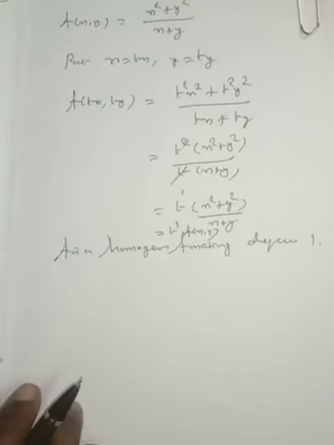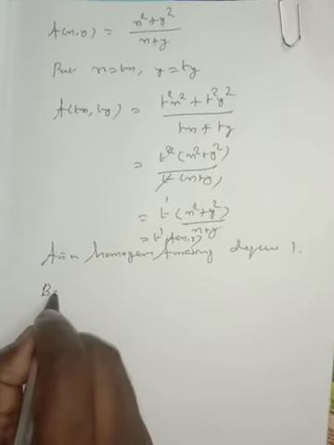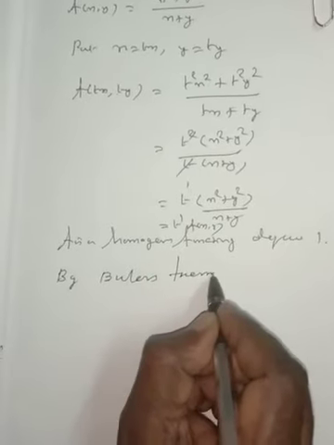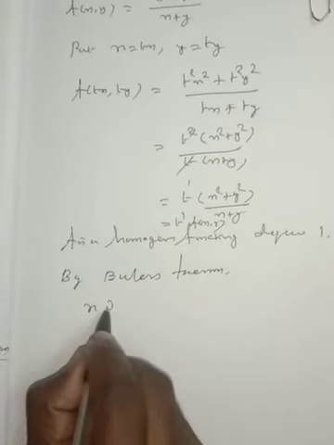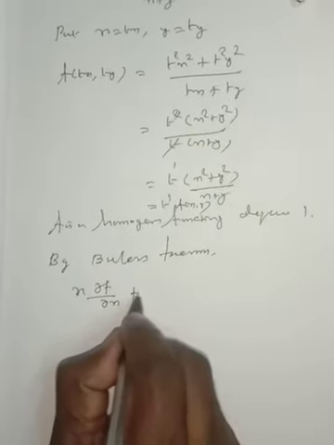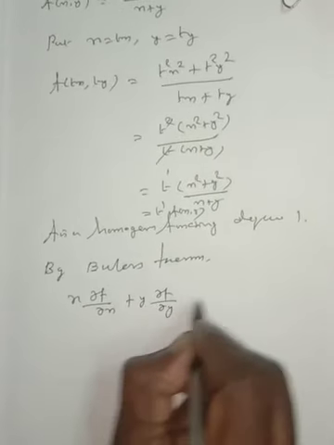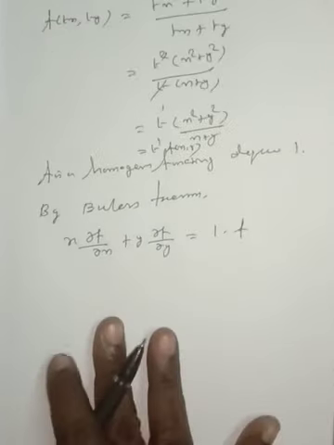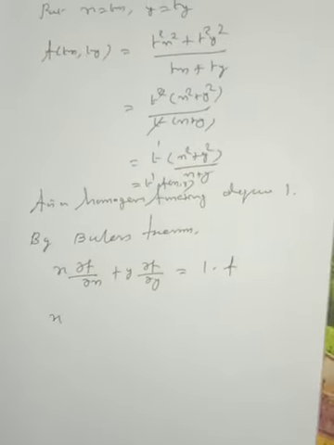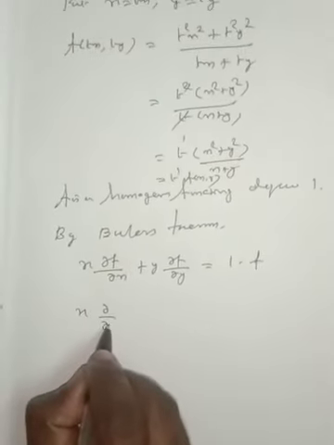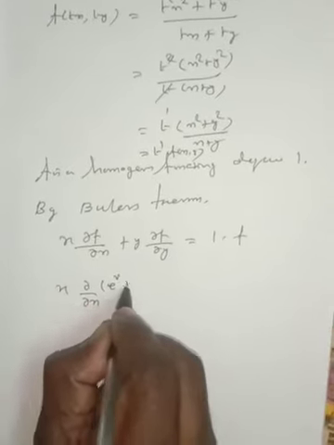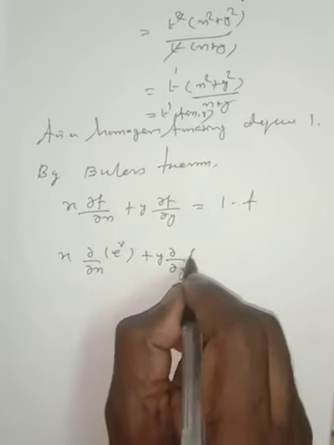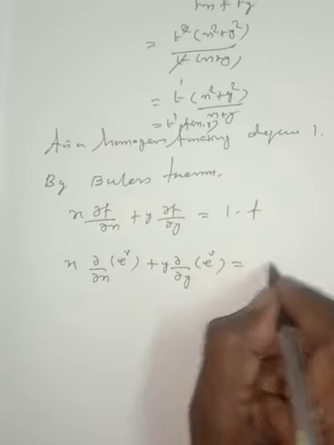Now using Euler's theorem, x dou f by dou x plus y dou f by dou y is equal to nf, n is 1 in this case. But f is e to the power of v, so x dou by dou x of e to the power of v plus y into dou by dou y of e to the power of v is equal to e to the power of v.